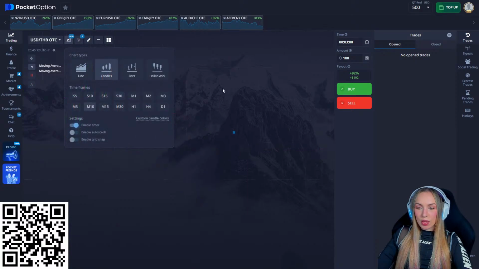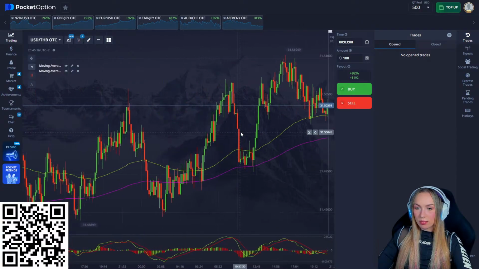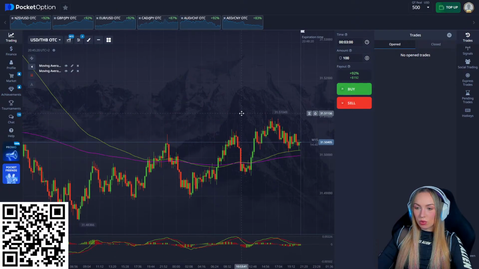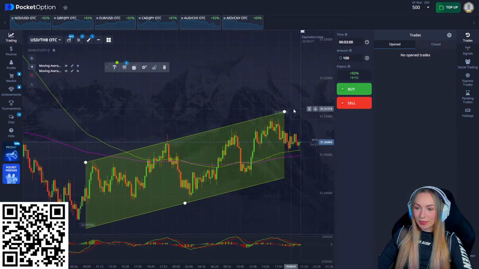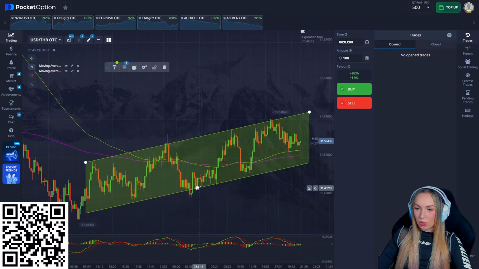USDTHB looks nice actually on the 30 seconds time frame, and on the higher time frames it also looks pretty good. It looks pretty good for me. I think I can open the trade here soon.